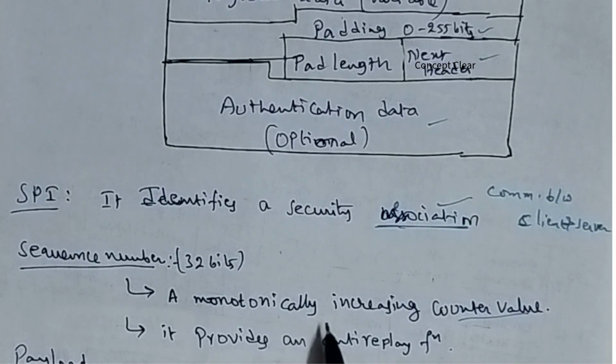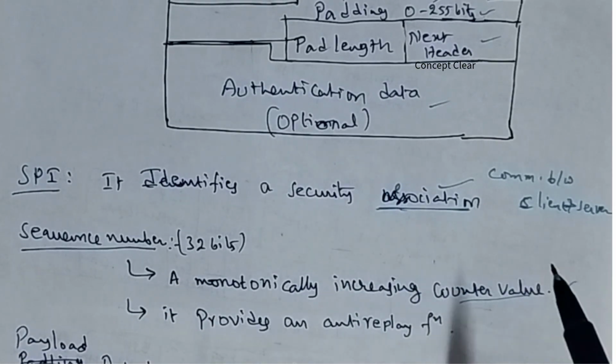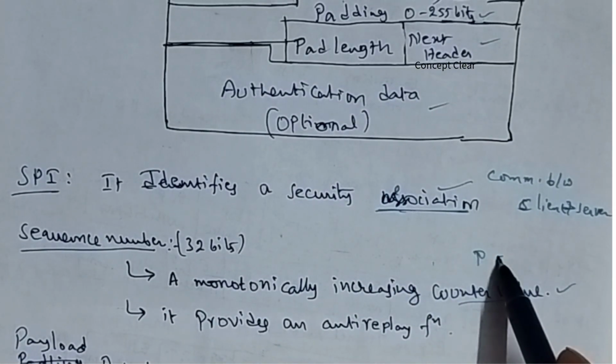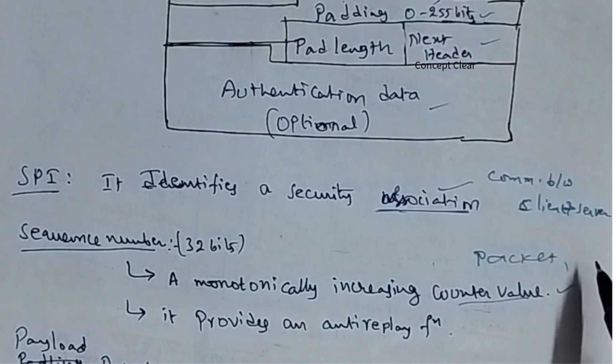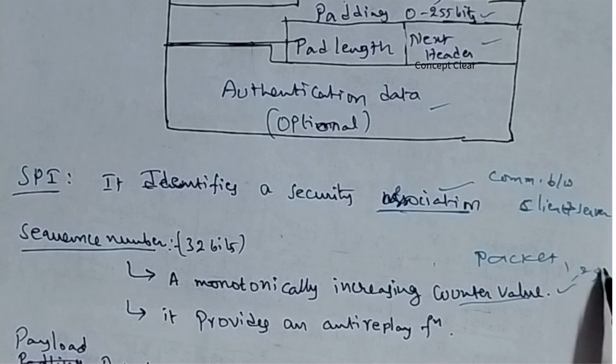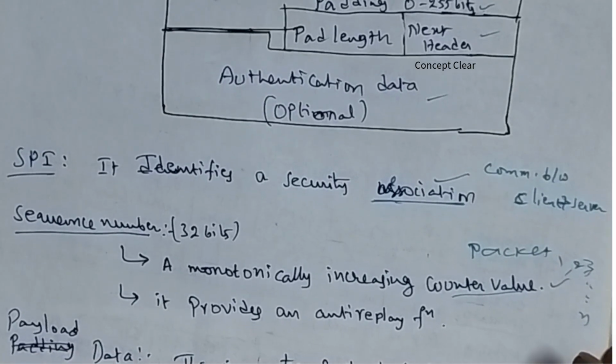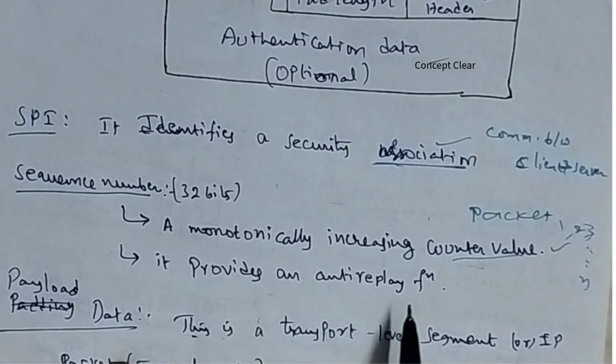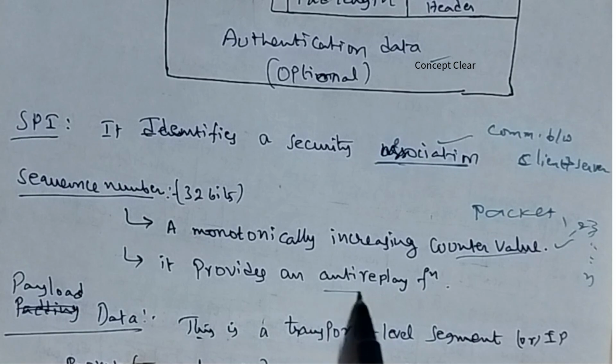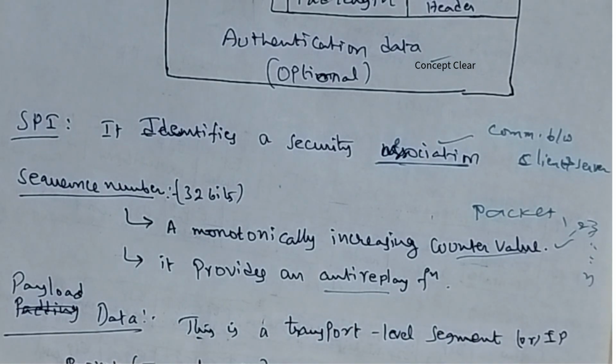The first packet is delivered, next packet 1, packet 2, and so on: 1, 2, 3. So the value keeps increasing, and it provides the anti-replay function.